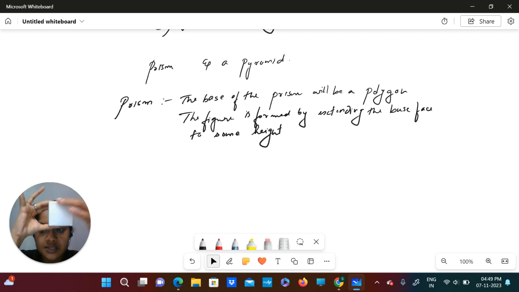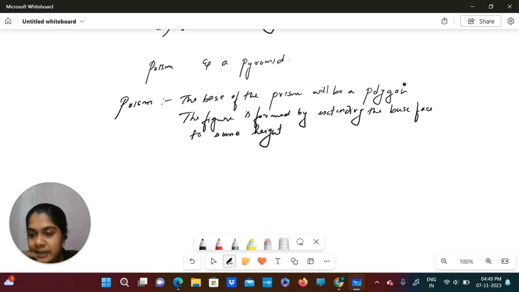Square is a polygon made up of line segments, and that base face is extended to some height. Just extending that to some height, we get a prism. So a cube is a square prism, and a cuboid is a rectangular prism.